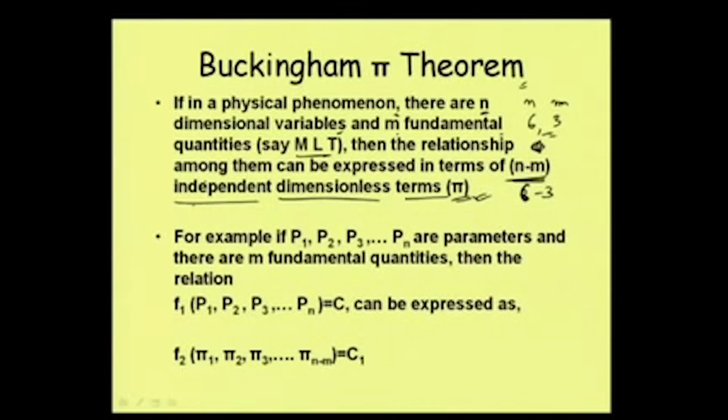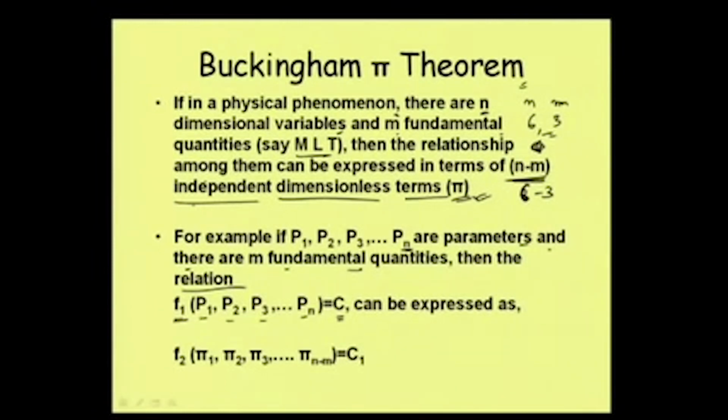For example, if p1, p2, p3 up to pn, say n number, are the dimensional parameters, that is, parameters having dimension, and there are m fundamental quantities, then our actual relation can be written as a function of all the parameters equated to a constant c, because we know that these parameters are involved in that phenomenon.